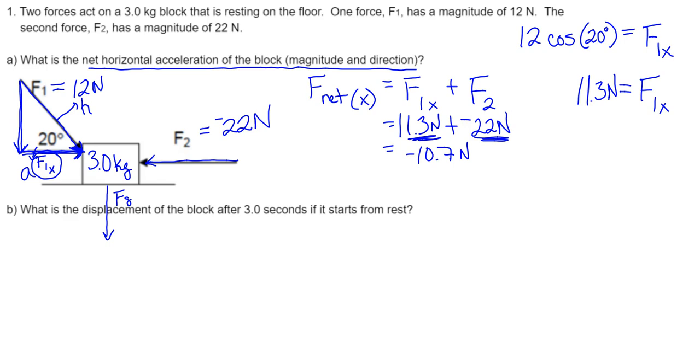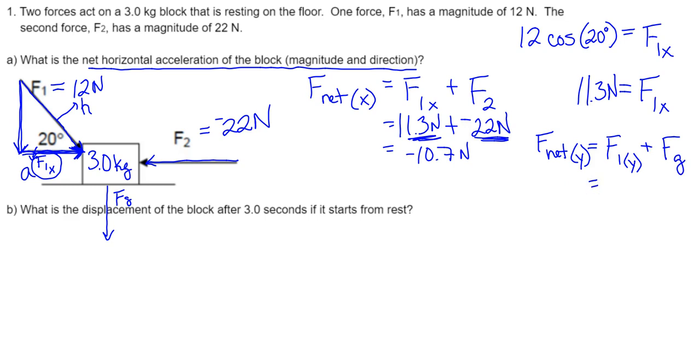Now to figure out the vertical component, our F net in the y direction is equal to F1 in the y direction plus our force due to gravity.